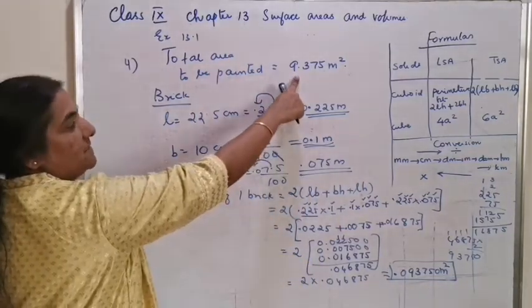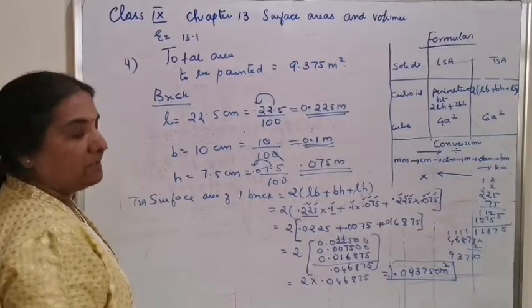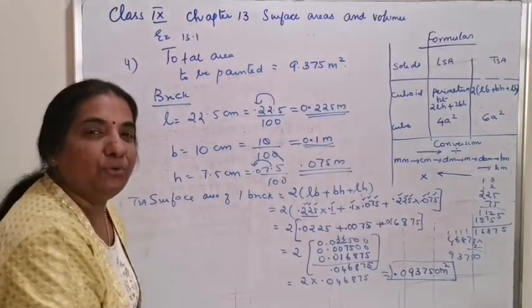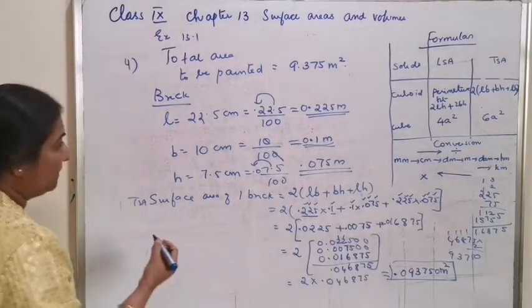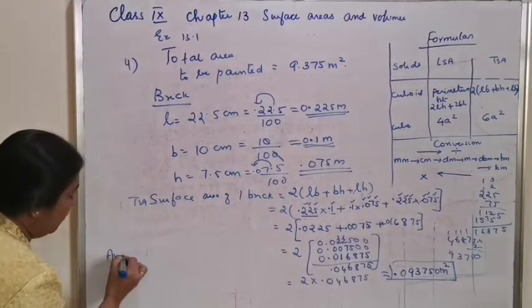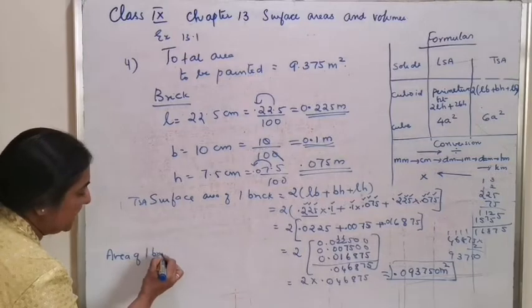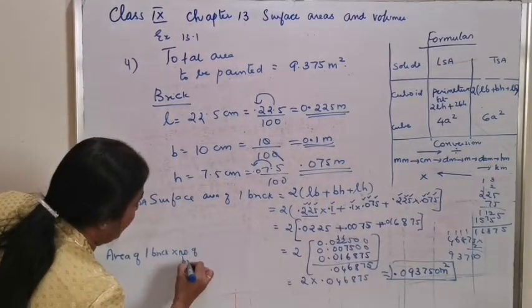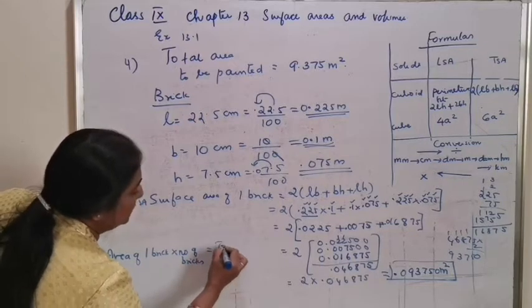You can compare, see how they have given the measurements to you so that the calculation will be easy. How do you write the last statement? Now, area of one brick multiplied by number of bricks equals total area.